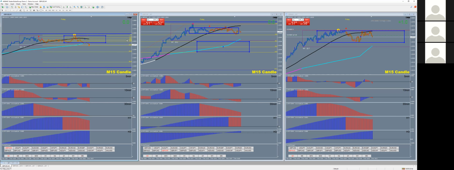It's like $1. That is moving off the 50s. Oh shit! I'm in the wrong thingy.